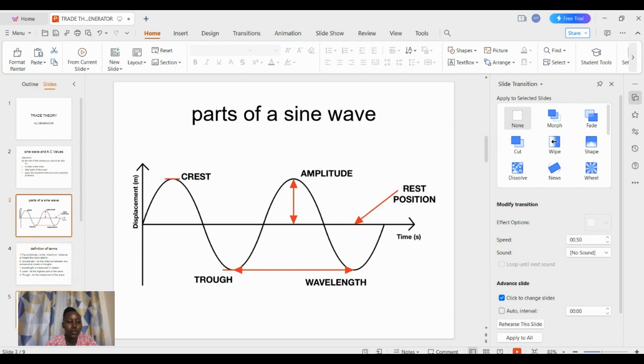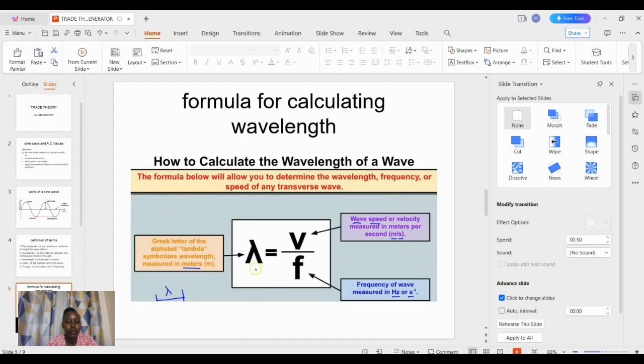Now we are going to look at the formula that is used to calculate wavelength. As we have said, wavelength is the distance between two successive crests or two successive troughs. That distance in between is what we are calling wavelength.